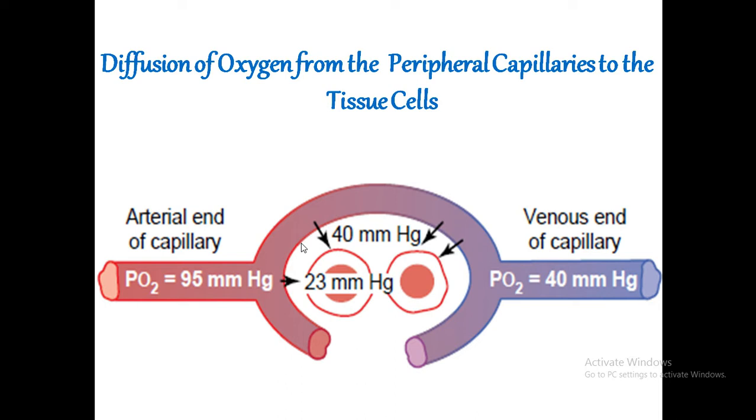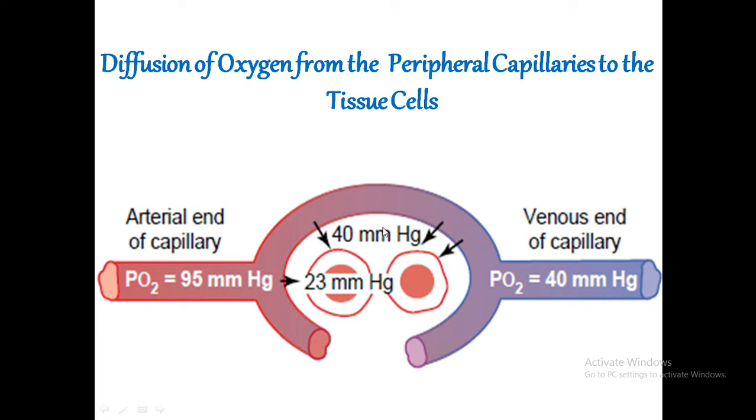At the tissue level, now we have this tissue capillary. At the arterial end, we have the partial pressure of 95 mmHg, while inside the tissue cells, because of the continuous utilization of oxygen, there is a drop of the partial pressure, which here equals 23 mmHg.